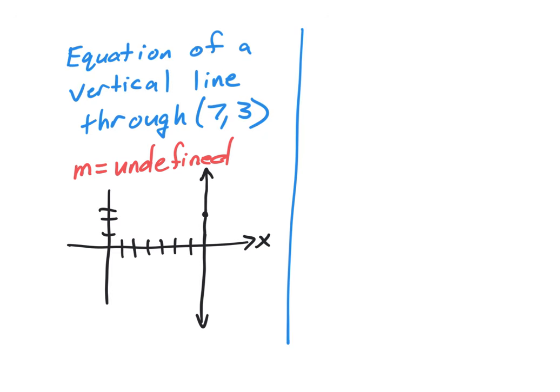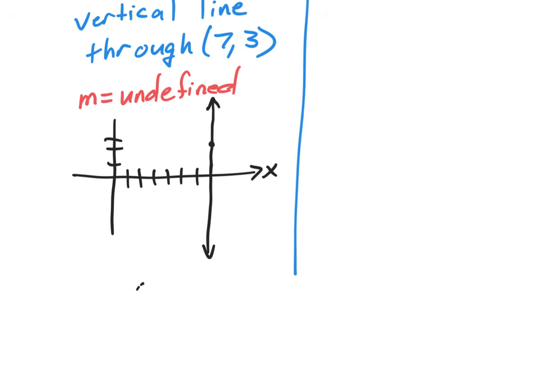And so my equation here is x equals 7. If I have a vertical line, it's always got an undefined slope, and the equation always looks like this, x equals 7. It only crosses the x-axis, and in this case, it crosses it at 7.